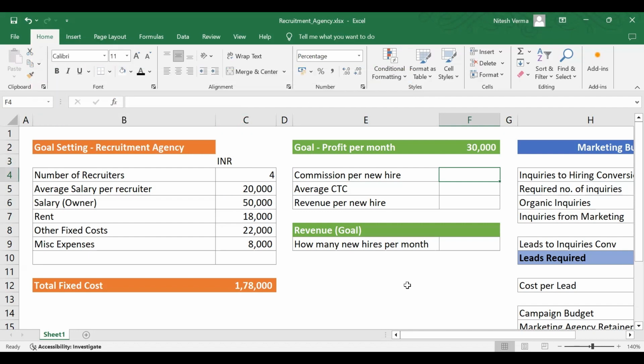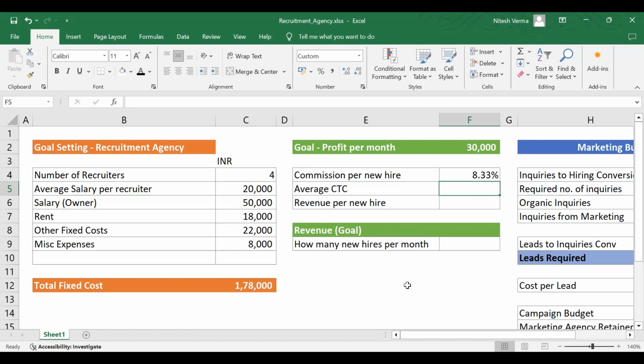Now, this is a recruitment agency and their revenue model is that they earn a certain percentage for every new hire. So let's say their commission per new hire is 8.33% of the candidate's cost to company, the CTC. That's the standard fee that recruitment agencies charge, equivalent to 1 month salary of the new hire.